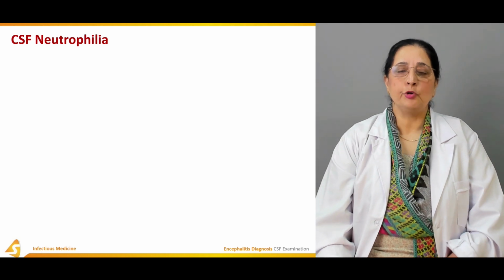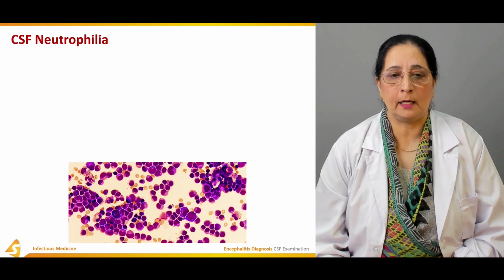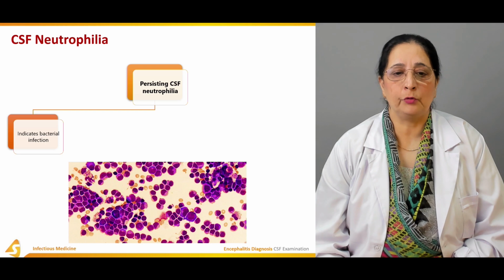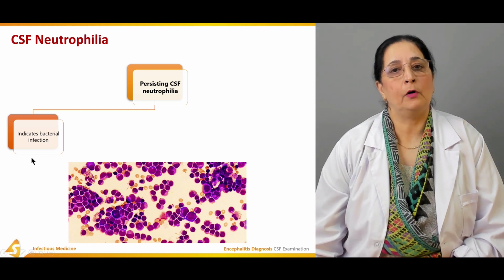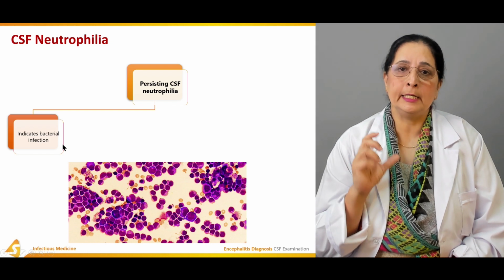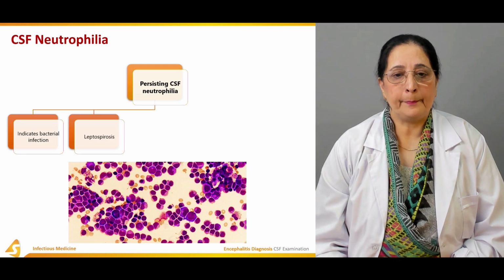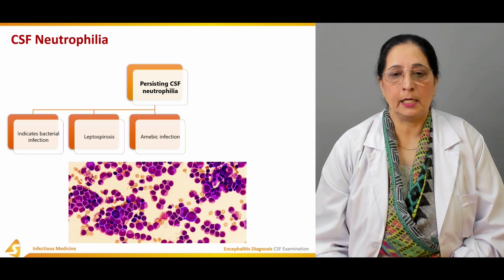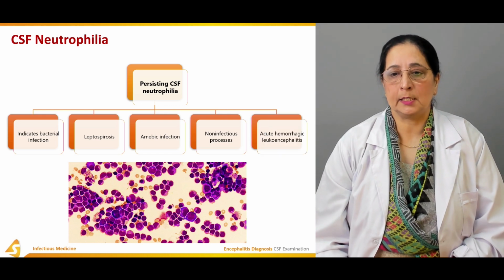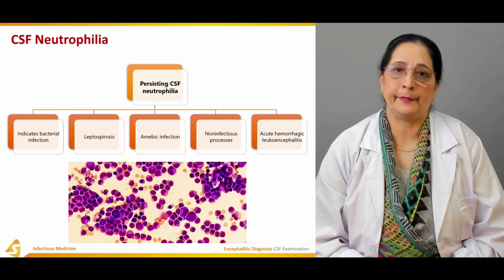Next, CSF neutrophilia. Increased number of neutrophils are present. Persisting CSF neutrophilia is indicative of bacterial infection. So neutrophilia is an indication of bacterial infection, leptospirosis, amoebic infection, non-infectious processes, and acute hemorrhagic leukoencephalitis.